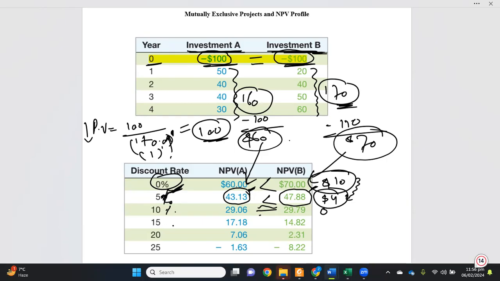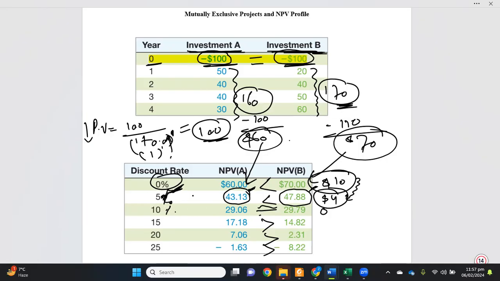Later, when we increase the discount rate further by 5% to 15%, NPV of Project A is now higher than NPV of Project B, and at 20% NPV of A is also higher than Project B. But at 10%, these two projects' NPVs are almost equal.